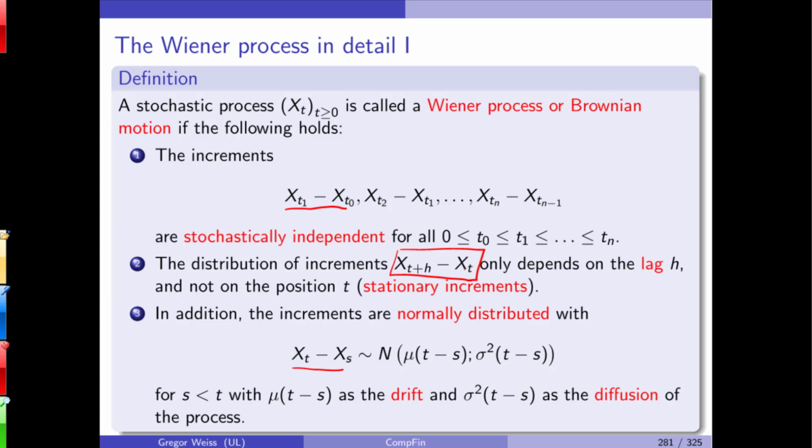Second thing is that we are writing mu and sigma squared as functions of t minus s, this lag here, and mu and sigma squared always were what? The expectation and variance of a standard normal distribution. And in our discussion of portfolio theory, we also described the expectation and sigma squared, the variance with this notation.